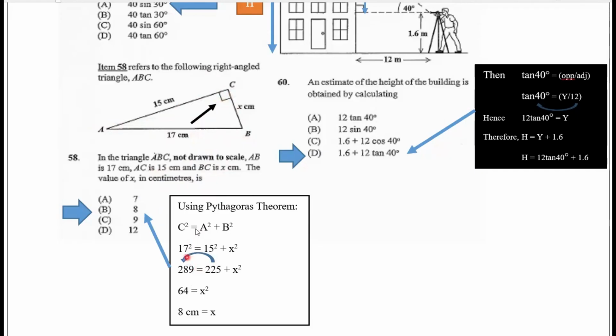So it'd be 17 squared equal to 15 squared add x squared. 17 by 17, 289. 15 by 15, 225, plus x squared. Carry the 225 across. 289 minus 225 will be 64. So 64 equals x squared. Opposite of square is square root. So x will be the square root of 64, which is 8 cm. B as in bat.